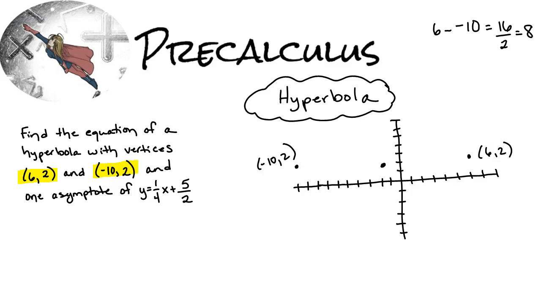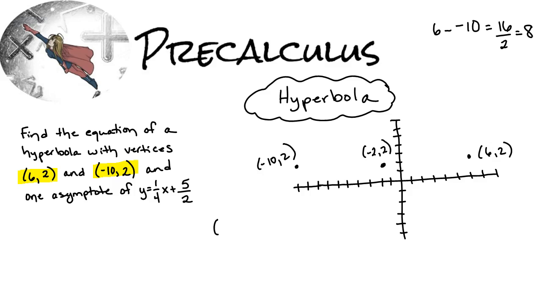We can get rid of this. So this is the center of the hyperbola, which ended up being at negative 2, 2. All right, so since the vertices are in the x direction, that means that in my equation, x is going to come first.